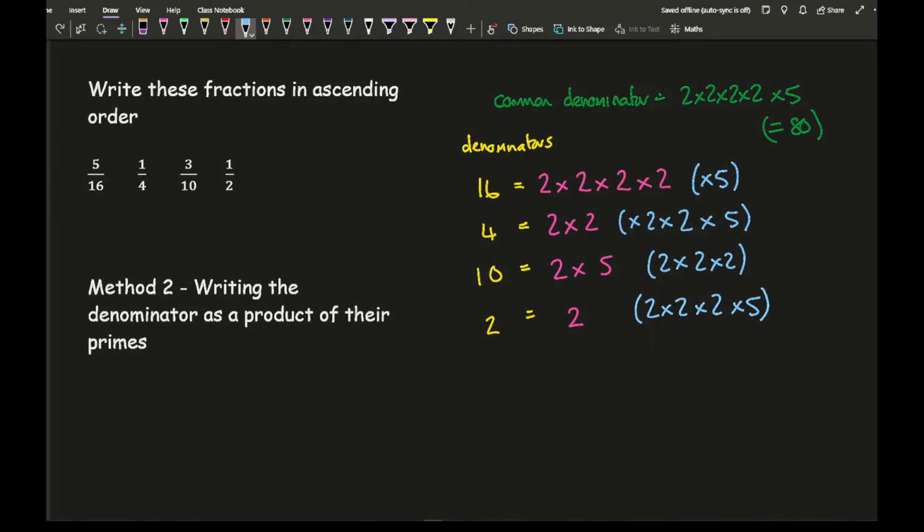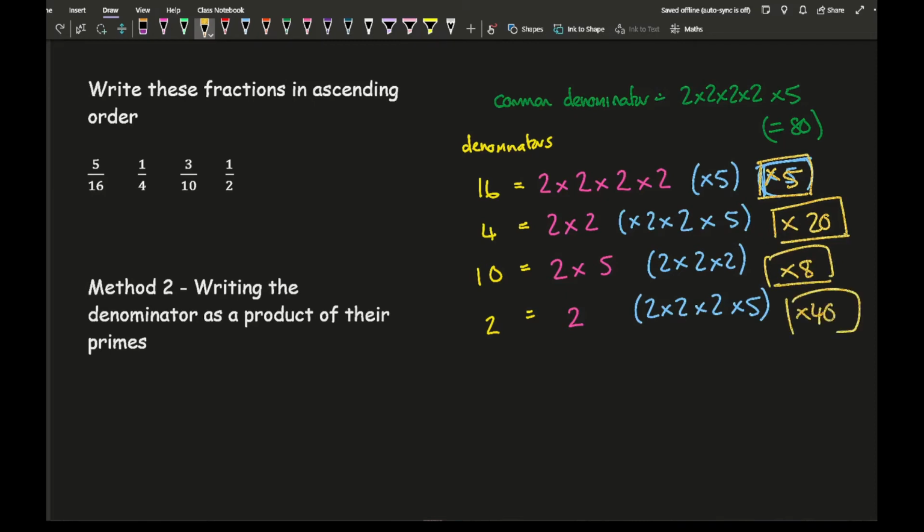So I'm multiplying this one by 5. For this one, I'm multiplying by 2 times 5 times 2, which is 20. This one I'm multiplying by 8, and here I'm multiplying by 8 times 5, which is 40. And that's what I would then multiply the tops by.